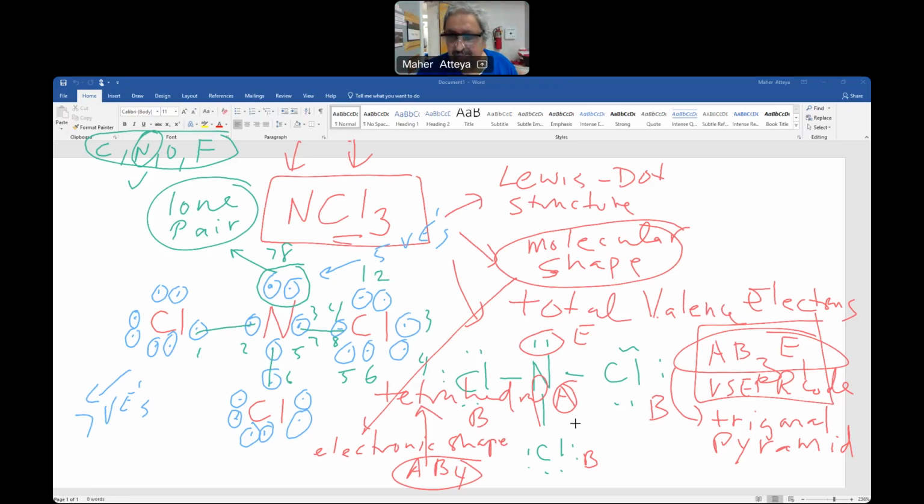Now, with this in mind, we have to calculate the total valence electrons. Somebody tell me how many valence electrons we have in this molecule? It's up to you, you can calculate the whole thing here, but the easiest way, look at this.